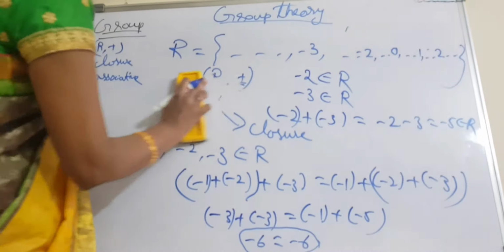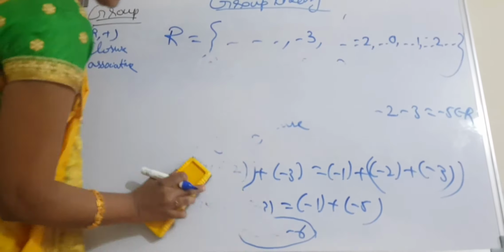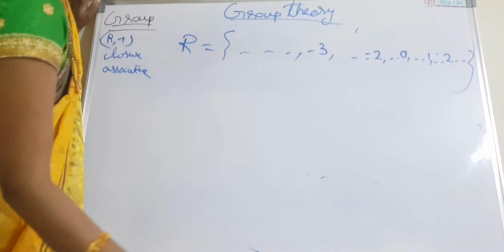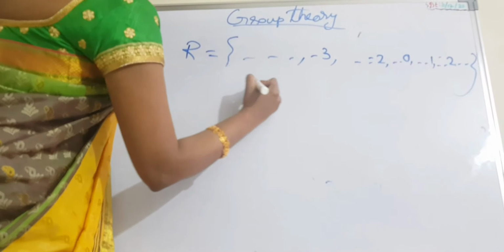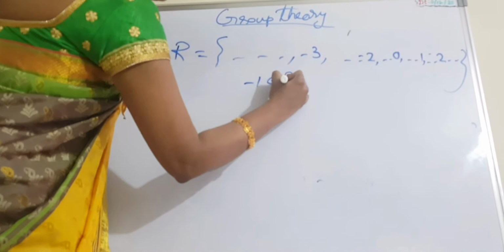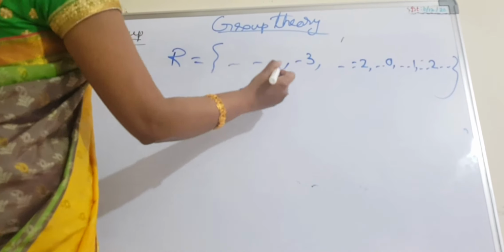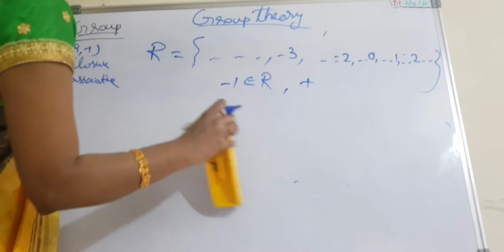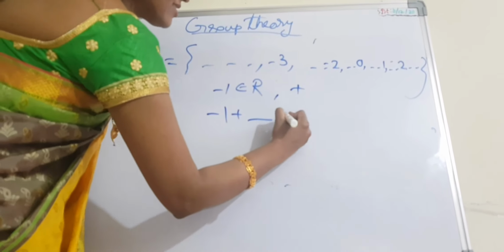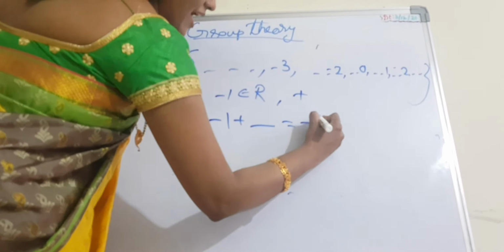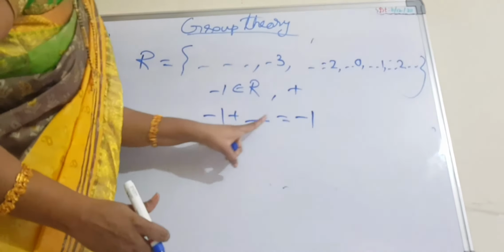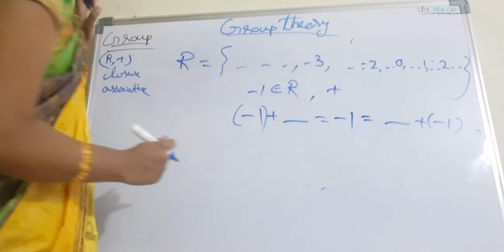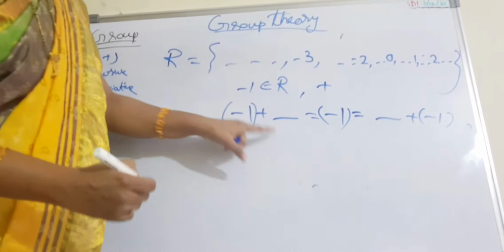Next we have to prove existence of identity and existence of inverse. Here I am taking -1, which belongs to real numbers, with respect to plus. -1 plus something is equal to -1, what will we get? The identity element, 0.